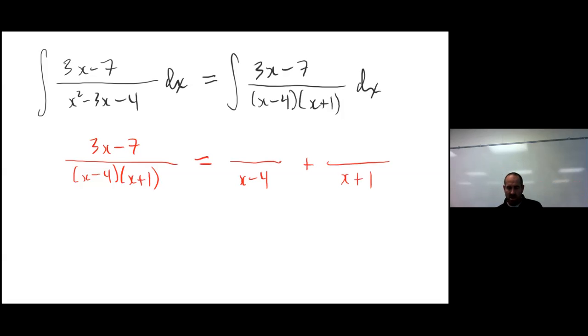And you might say to yourself, well, how does putting a number up there account for the fact that I need to have an x term in the end? Well, think about it. If there's just a number here and a number here, and incidentally I mean for these things to be numbers, if I were to add these fractions together, I would have to find a common denominator, and I would have to multiply a by x plus 1 and b by x minus 4.